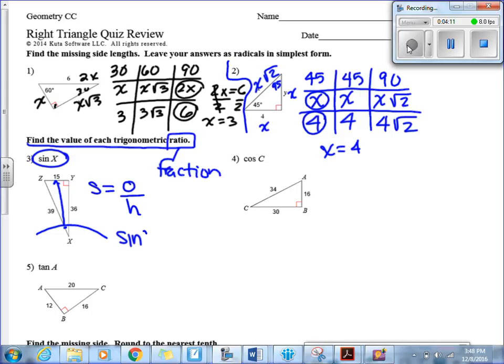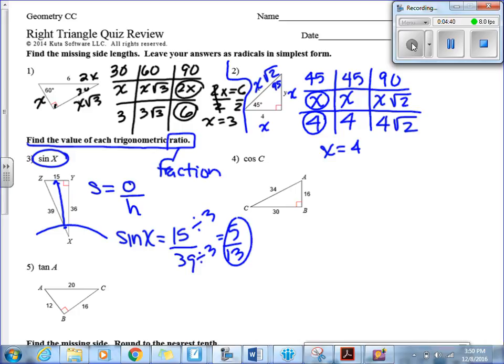So the sine of x equals 15 over the hypotenuse, and the hypotenuse is 39. And then always check once you get to this point and see if you can reduce it. And this indeed does reduce by 3, and that gives us 15 divided by 3 is 5, 39 divided by 3 is 13. So that is what we're looking for.